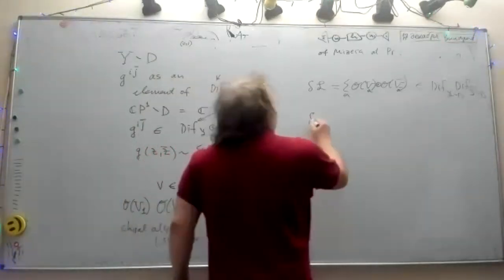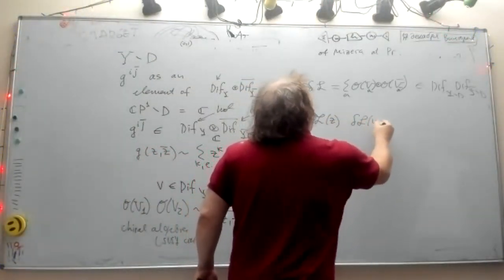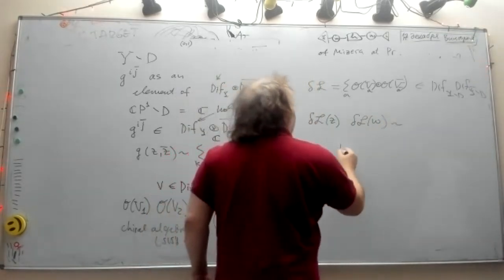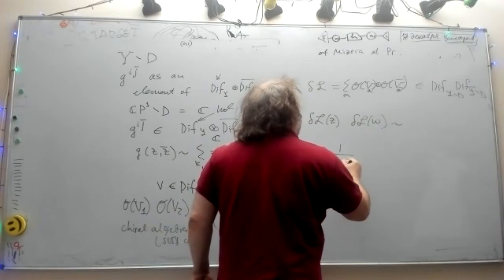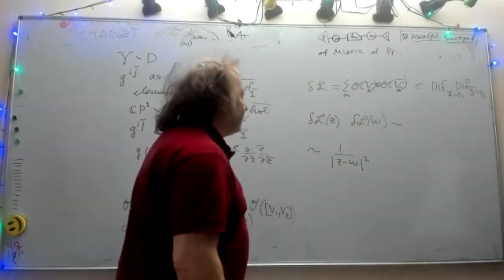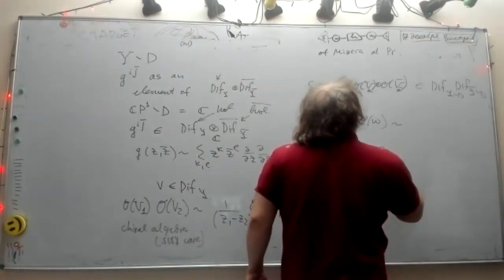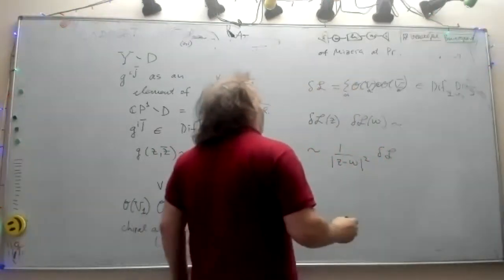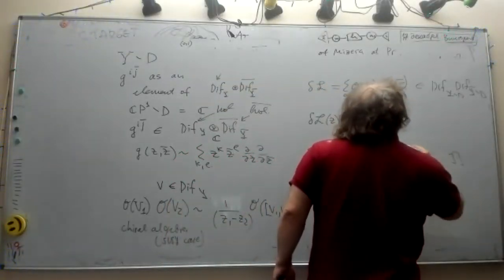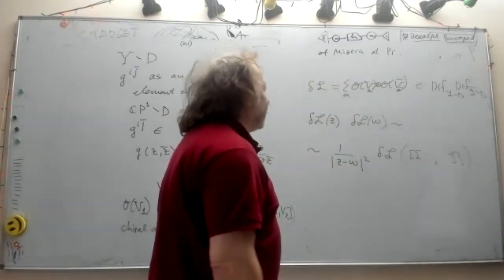Then delta L of Z, delta L of W goes as follows. Modulus squared. And here I have an interesting object. Here I have delta L of what I call a double bracket. So what is a double bracket?